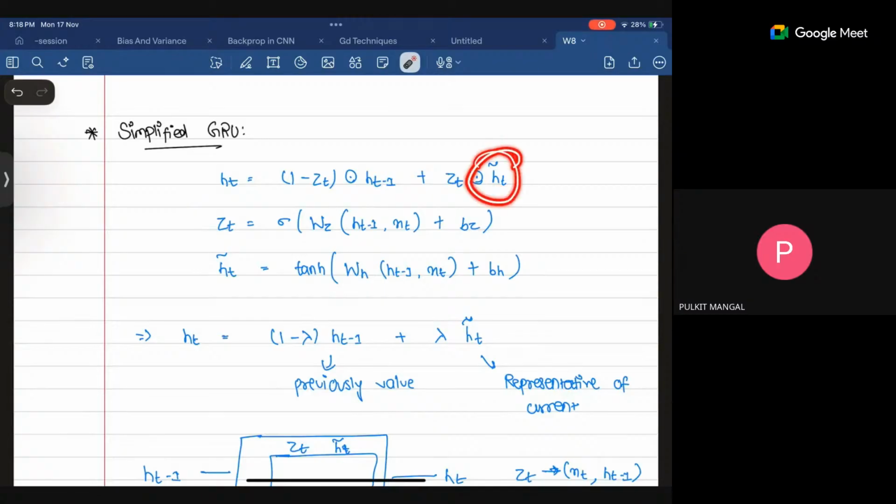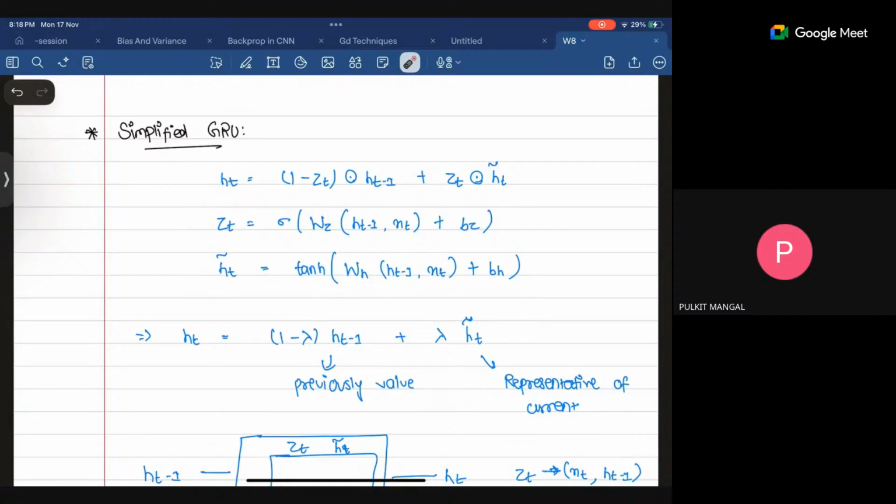Now this is the partial hidden state, and zt is sigmoid of Wz times the concatenation of ht minus 1 and xt, plus some bias. And the partial hidden state for the next iteration is calculated as tanh of Wh times ht minus 1 and xt, plus bh.